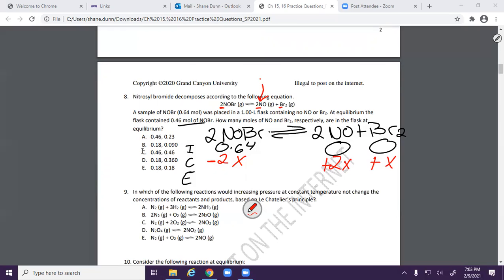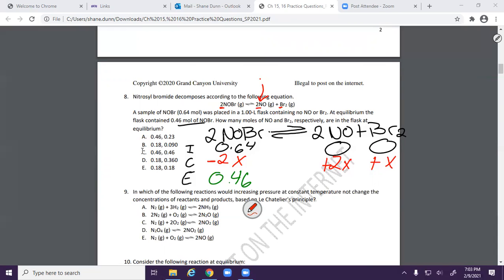So then I have down here, how much is left? 0.46 remaining. So what is the x value? 0.09. Do you plug in the x, the 2x as well? Why did I not show my work for this one? Yeah, that's correct.